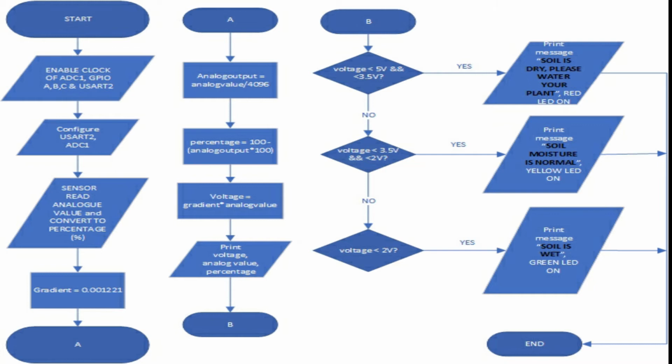If the voltage is less than 3.5 and more than 2 volts, the print message will be soil moisture is normal and the yellow LED is on. And if the voltage is less than 2 volts, that means the soil is wet, the print message will be soil is wet and the green LED will be on. That's it for the flowchart.